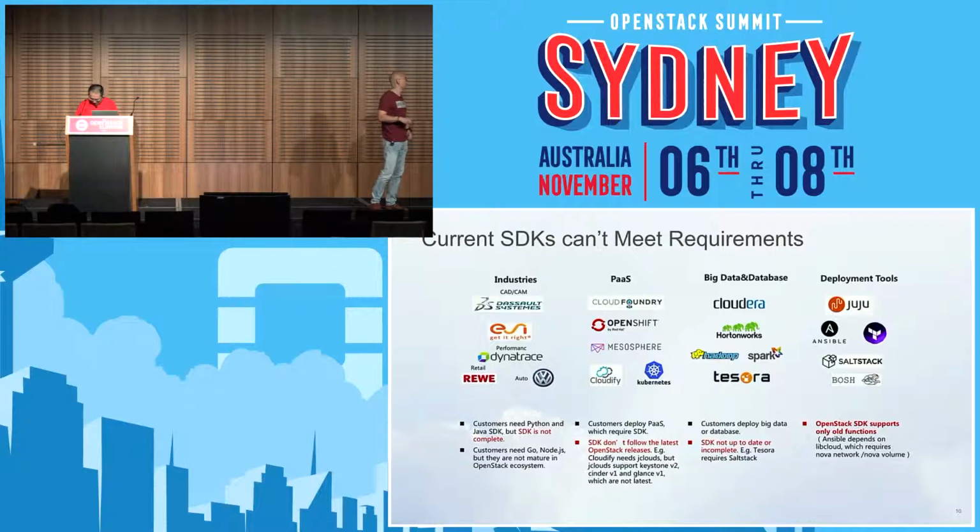Also some SDKs only support very old functions, for example Nova Network, which was removed from the new release. With these issues, customers find it difficult to use their applications without modification. That means there are gaps between the OpenStack API and customer application development.